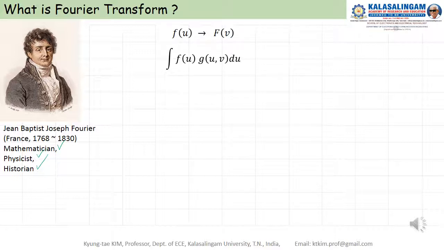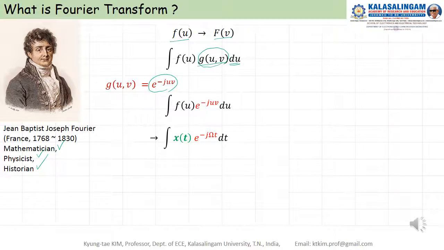As I mentioned just before, for transforming u to v, we multiply by g(u,v) and integrate with respect to du. For this, as I mentioned, we use the complex exponential function.